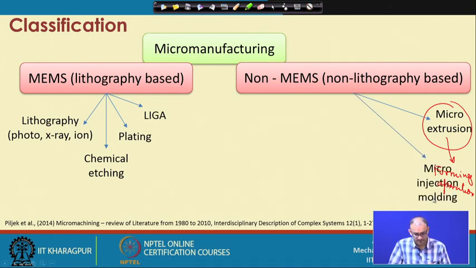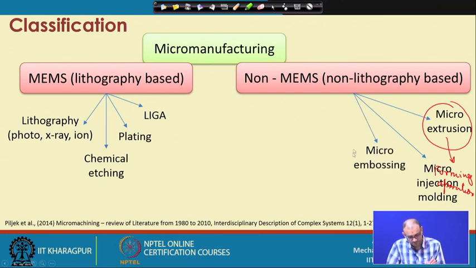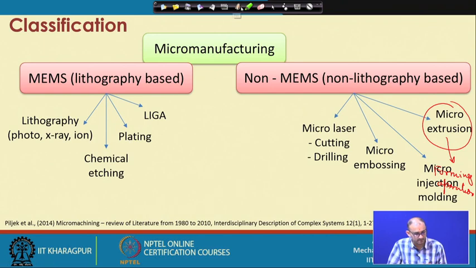Okay, then micro injection molding, micro embossing. Embossing is also one type of forming operation. Then micro laser cutting and drilling can be done by these processes, so that we can create some features related to the MEMS product.